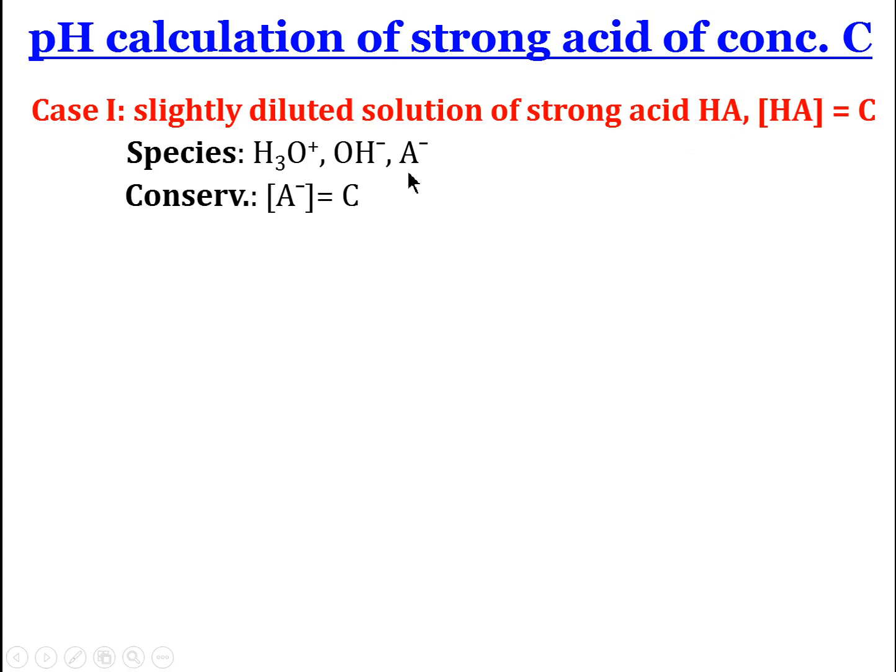But A minus in the solution has one source, which is the complete dissociation of HA. So if the initial acid has initial concentration C, the A minus formed in the solution equals C. And H3O+ is equal to H3O+ from HA dissociation plus H3O+ from the auto-ionization. So H3O+ in the solution is not exactly equal to C, but A minus is.